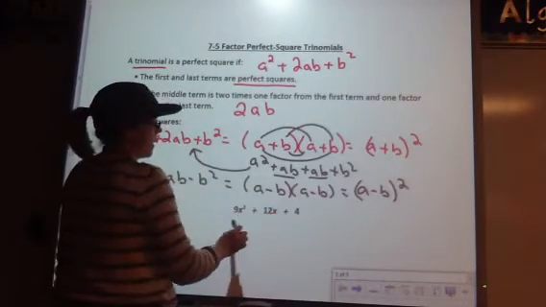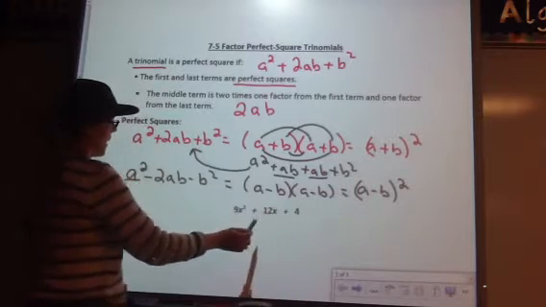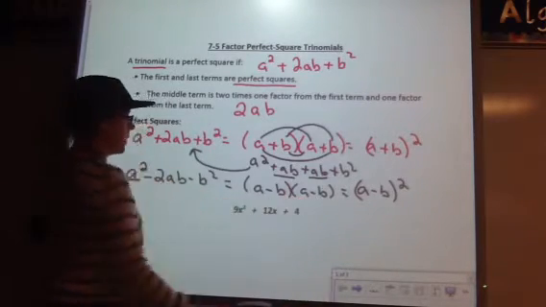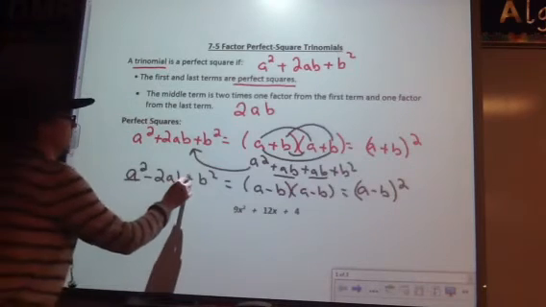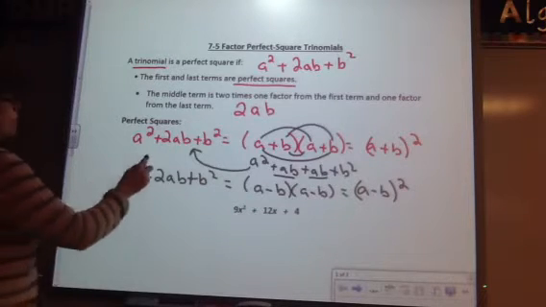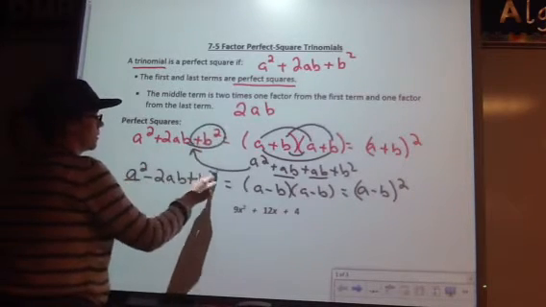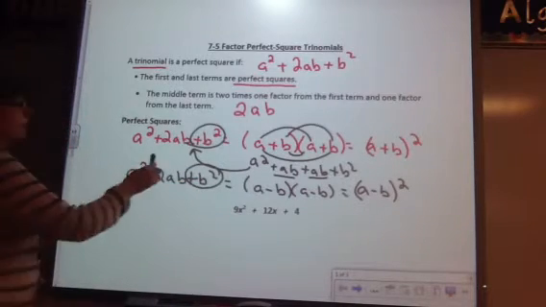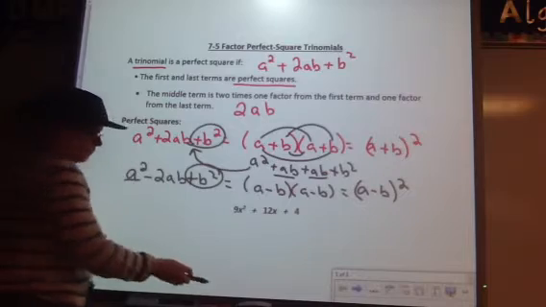A times a negative b is a negative ab, and that's twice, so negative 2ab. And then a negative b times a negative b should be a positive b squared. Okay? So on perfect squares, you have to have a positive perfect square for that last term.